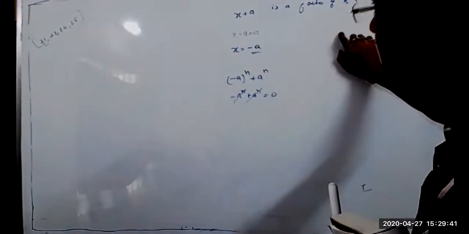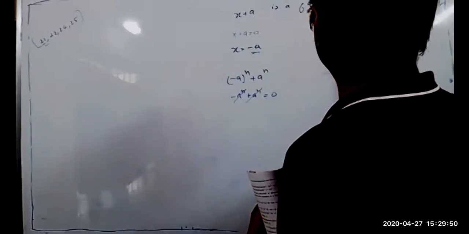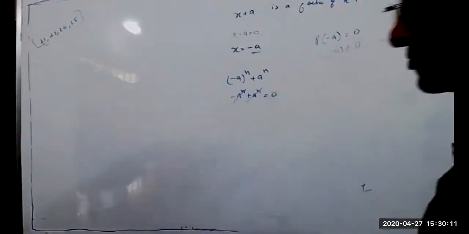If it is even, then it is not equal to 0. Why is it not equal to 0? That is my question. When n is an even number, why is p of minus a not equal to 0?